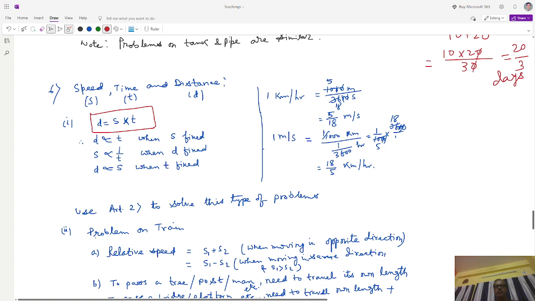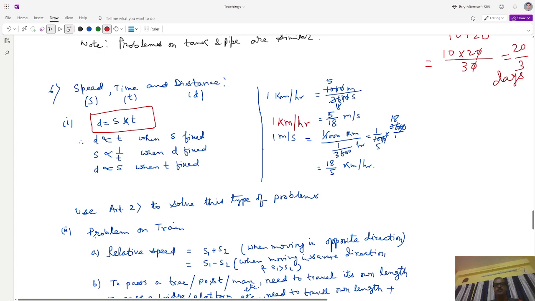See here, 1 kilometer per hour equals 1 kilometer, which means 1000 meters, divided by 1 hour, which equals 3600 seconds. If we simplify this, we get the ratio 5 by 18 meter per second. So 1 kilometer per hour equals 5 by 18 meter per second.